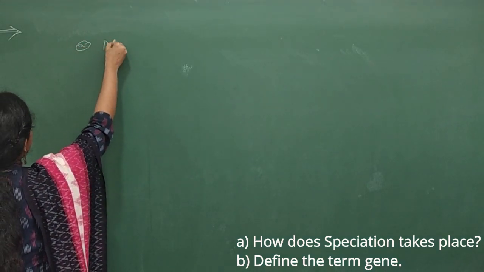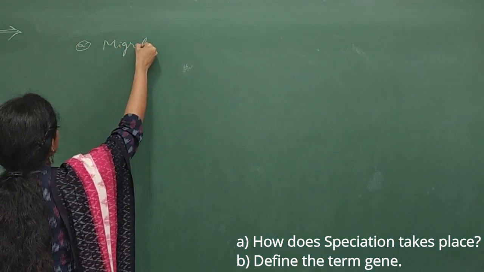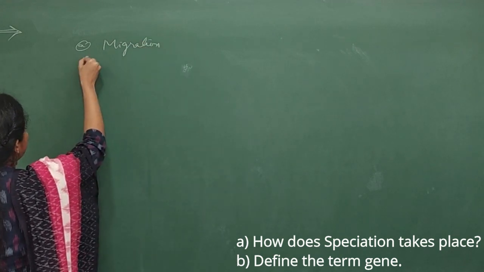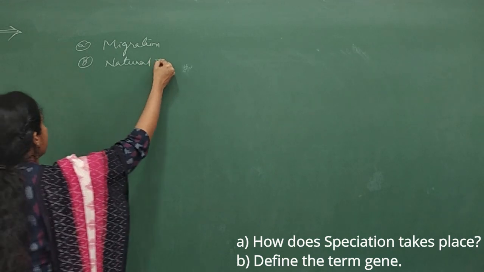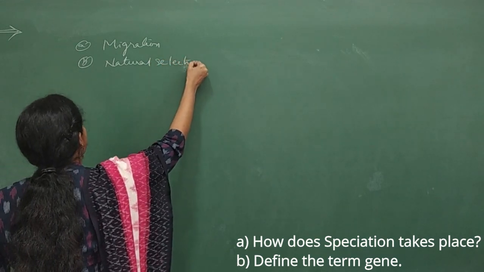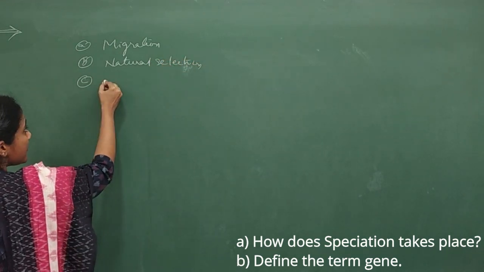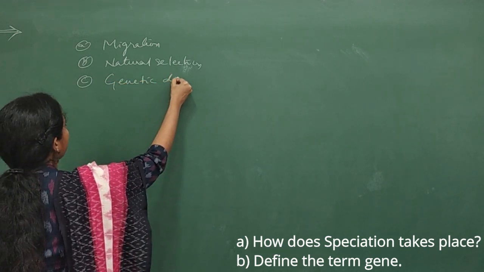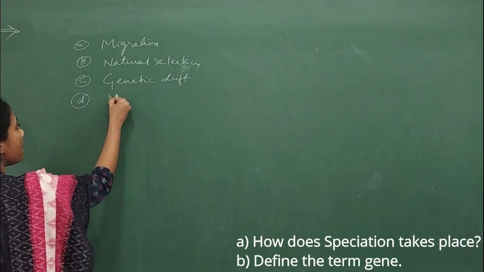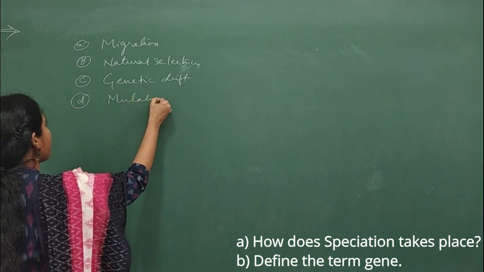You can observe by migration, isn't it? And second one is by natural selection. And the third one is by genetic drift. And the next one is by mutations, right?